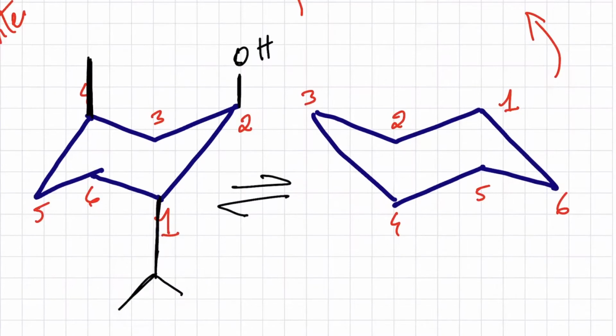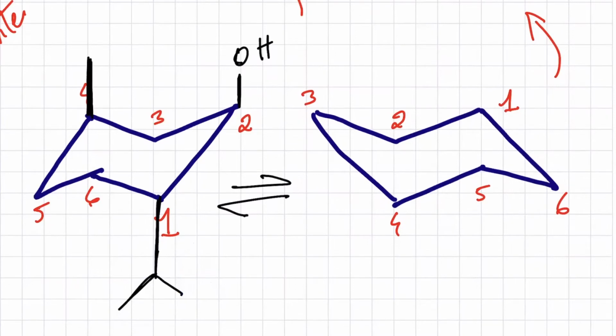In the flip version, I want to make sure that if, for example, this group was pointing down in the axial position, then it should be pointing down but equatorial in my second. If everything is reversed in the sense that axial becomes equatorial and equatorial becomes axial, I know I did my structure well. So let's get started.